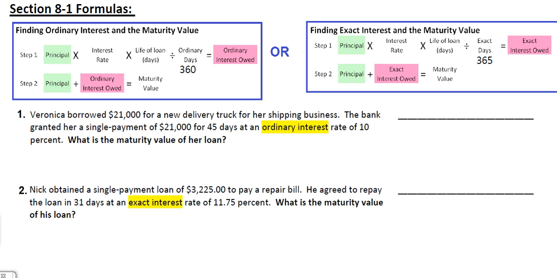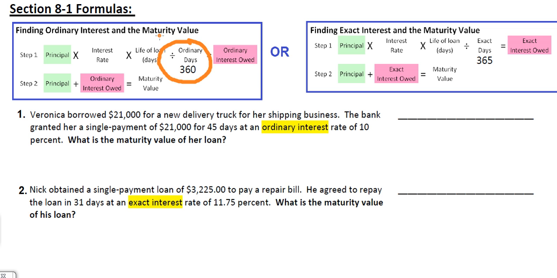And then, in order to find the ordinary interest owed, this is, in other words, that rental fee we're talking about once again, that you need the interest rate for. And so, if we're going to figure out how much money we're going to have to pay the bank for borrowing their money, that fee, that's the ordinary interest owed. In order to do that, we're going to need to know one last thing, and that's the type of days that we're using. Are we using ordinary days?